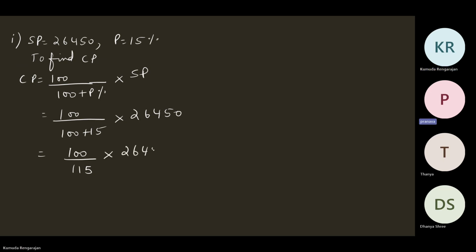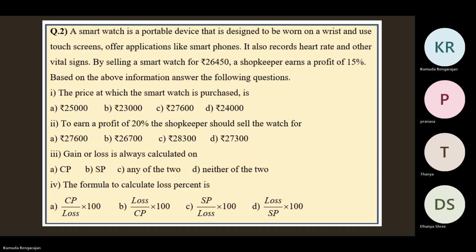Ma'am, 23,000. I'm getting the same answer. Let me see, I'll just do it on my calculator. 26,450 divided by 115. Yes, 230. You can cancel it. 230 times 100, so 23,000. So the cost of the smartwatch is 23,000.